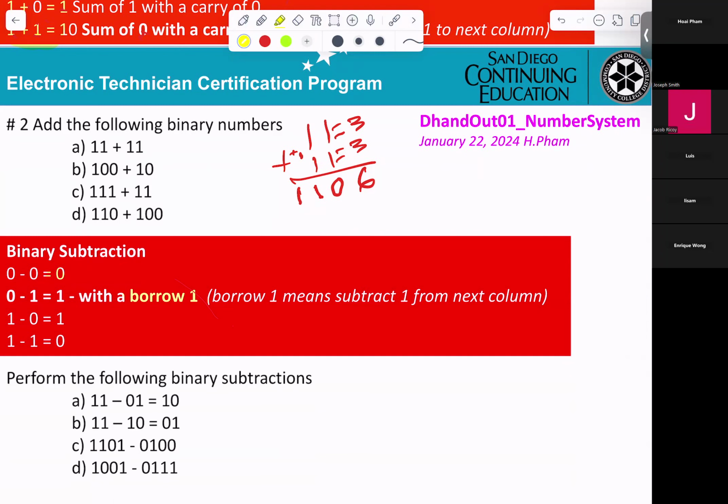Let's see. I can try to see. 1 minus 0, 1. 1 minus 1, 0. 1 minus 0, 1. You see this is number 3. This is number 1. 1 0 is number 2.